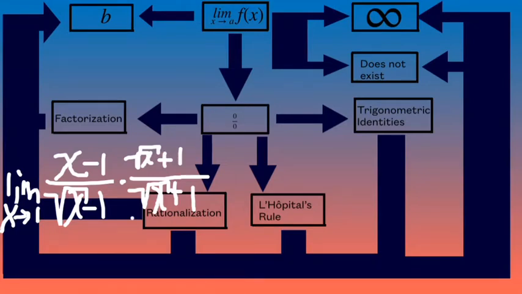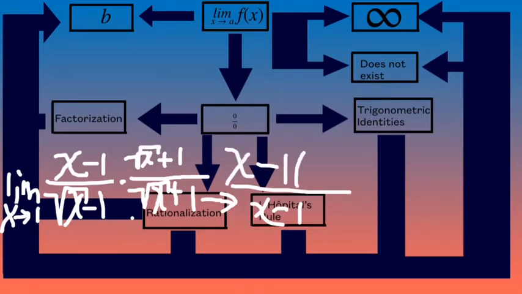And now the denominator changes to x minus 1, and up top we have x minus 1 times the square root of x plus 1. To construct our g of x, we will cancel these out. And here we have our g of x, which when we substitute in 1, we get 2.